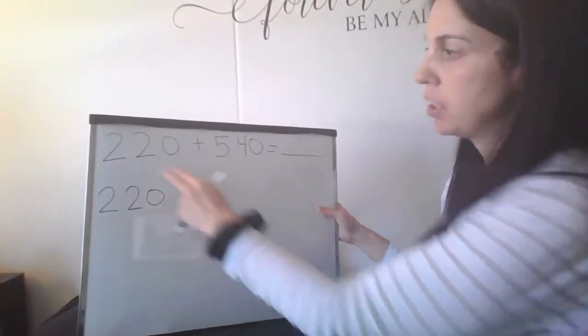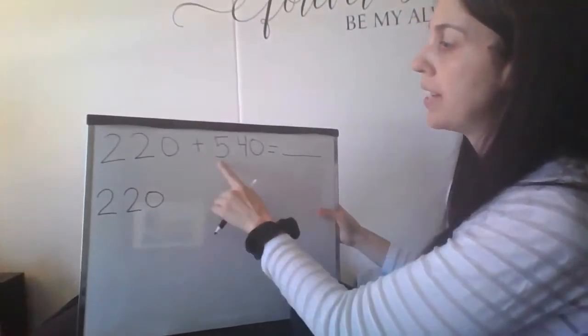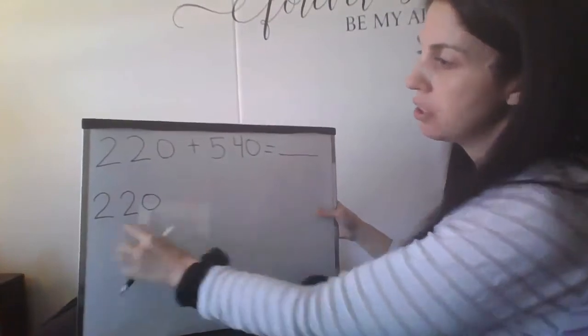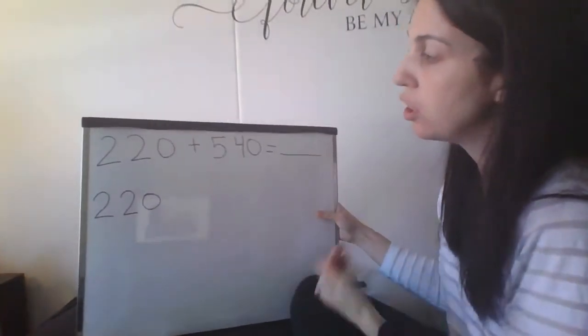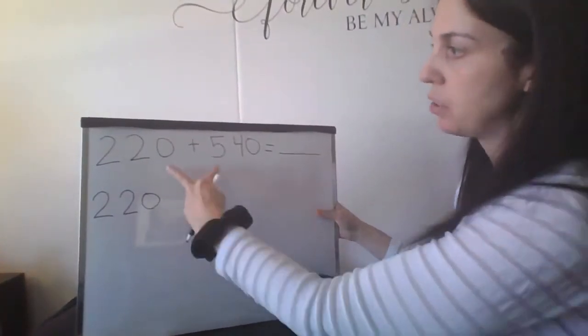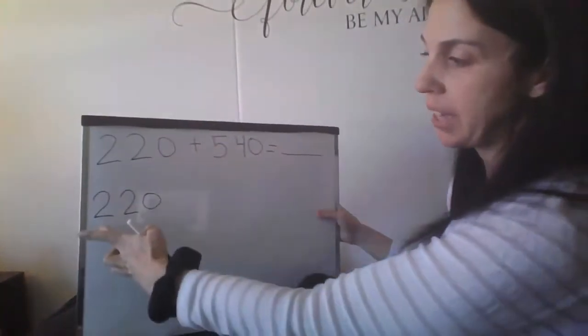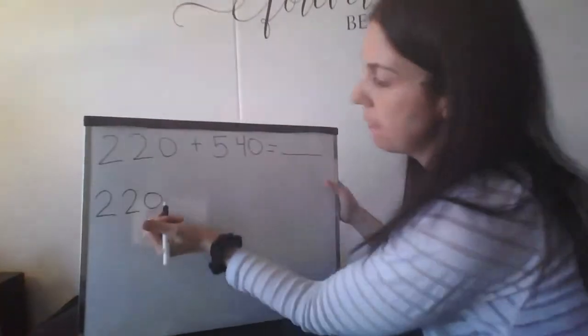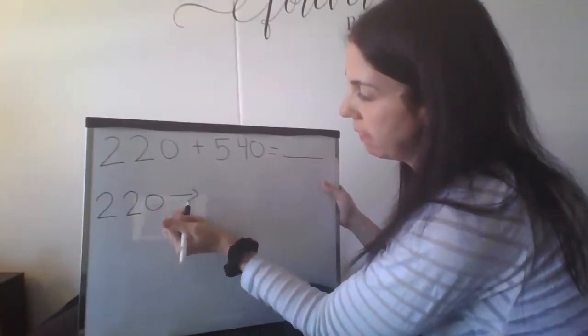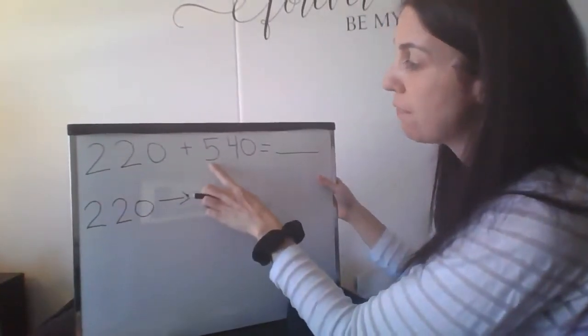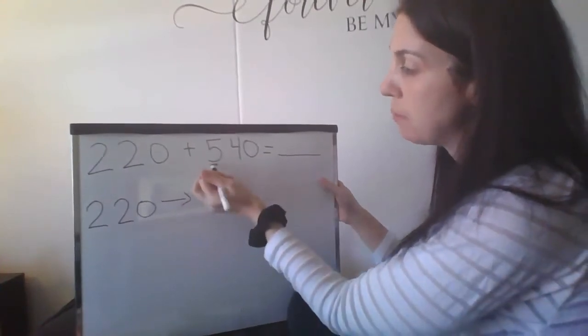Here's the next problem. 220 plus 540. So we're going to start with 220. You could technically start with either one. Usually we do say start with the bigger number, but that's okay. So 220, and I have up here 500. We need to go up 500.